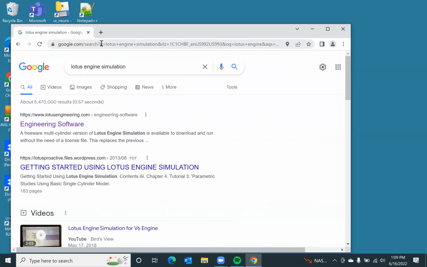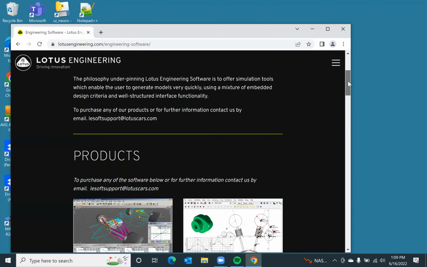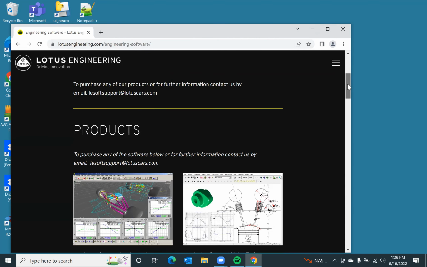Lotus Car is a company of European cars. They design and build fantastic high performance cars. I want you to go through this Lotus engineering software. They have free versions of the software and paid versions of the software.